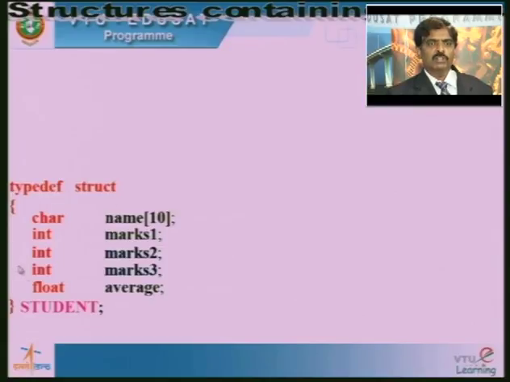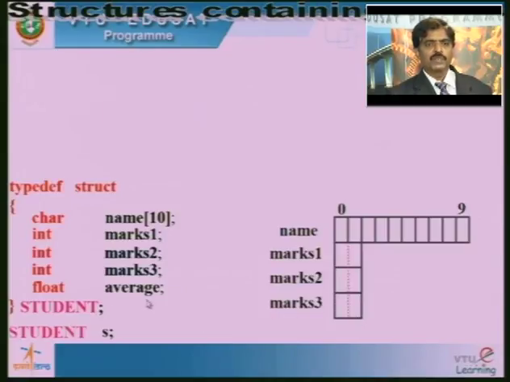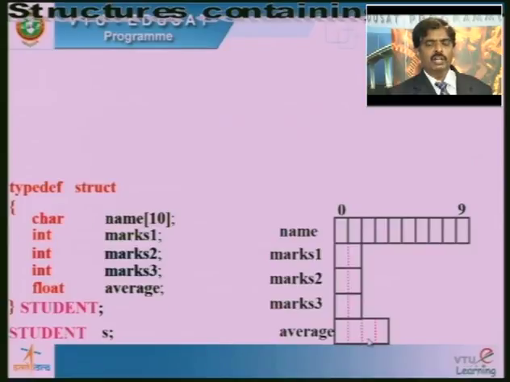So, if I want to allocate the memory, I have to associate this structure with one variable. So, I declare a variable s which is of type student. Now, what will happen? Memory will be allocated for this field name, and next marks 1, marks 2, marks 3: 2 bytes for marks 1, another 2 bytes for marks 2, another 2 bytes for marks 3, and for average we have 4 bytes.